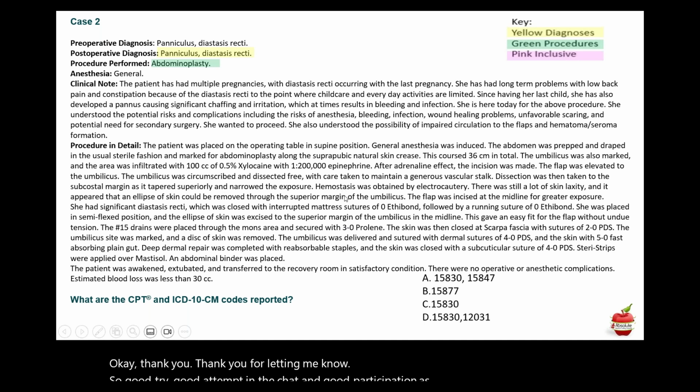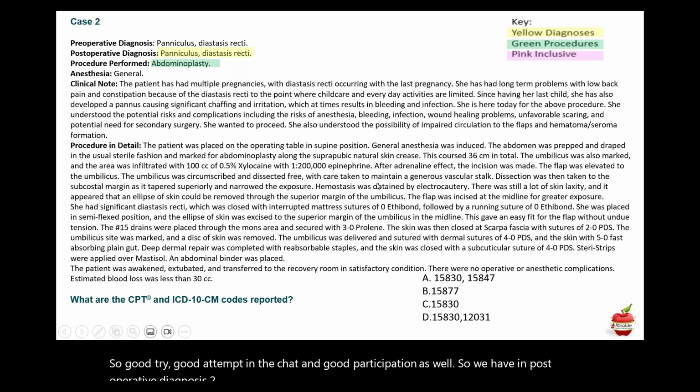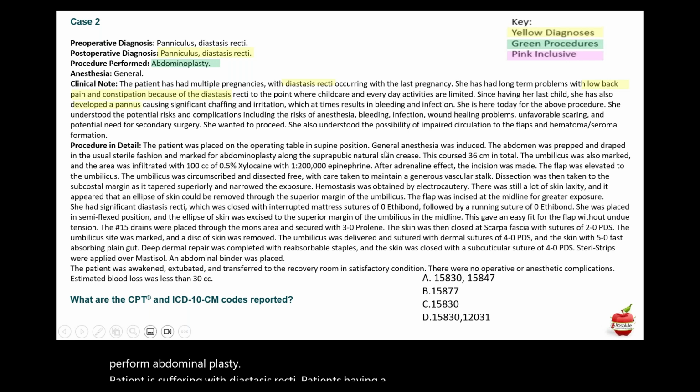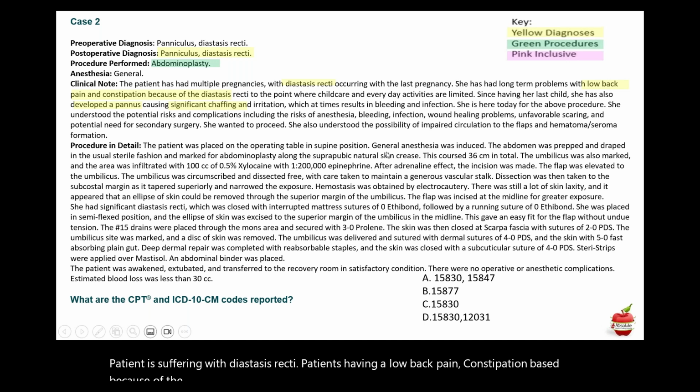So coders, we have in the post-operative diagnosis two conditions. One is a panniculus and one is diastasis recti. And the procedure performed is abdominoplasty. The patient is suffering with diastasis recti, having low back pain and constipation because of the diastasis, and has developed a pannus with significant chafing.